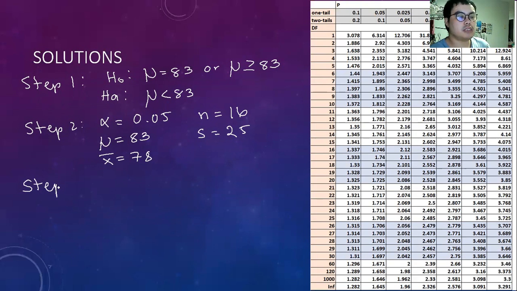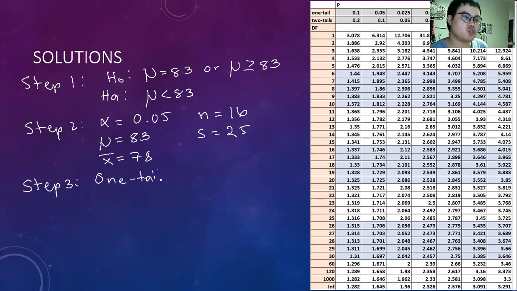So we're now in the third step, so we're going to identify the critical value. Again, we're going to identify if it's one-tailed or two-tailed. Why do we need to do this? Because this will help us to find the critical value that corresponds to the degrees of freedom. Since there's an inequality indicating that this is less than, we can tell that it is a one-tailed test.